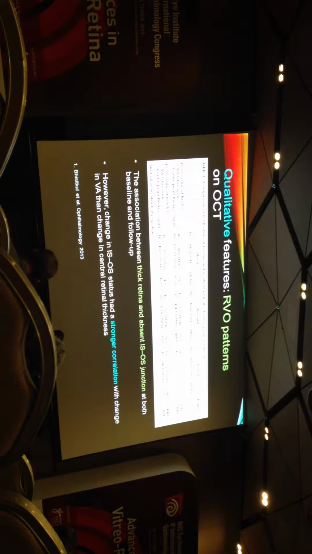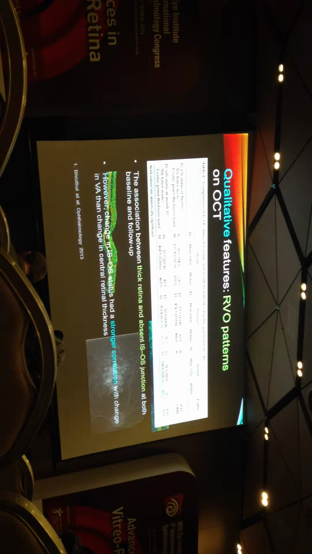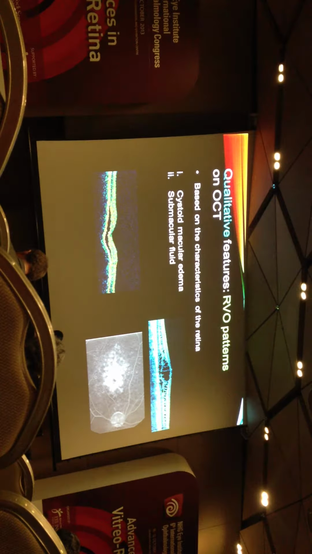It was worse for those where it was absent. It was intermediate for VA as well as point thickness for those with abnormal IS-OS, and for those who had normal IS-OS at 112, the vision was the best, and of course the central point thickness was within the normal range.